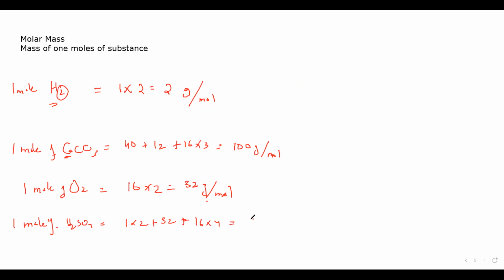So this total will be equal to 98 gram per mole. So molar mass is simply the mass of 1 mole of a substance, expressed in grams. Is it clear? The molar mass.